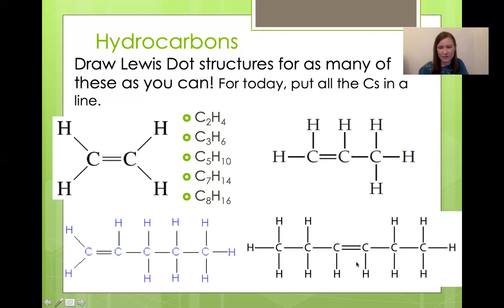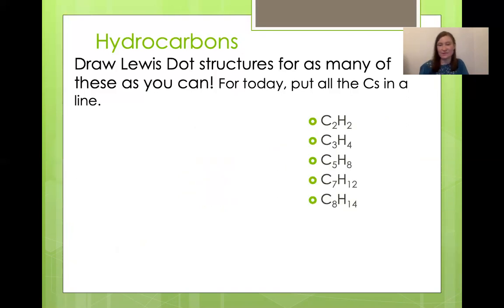C7H14 is going to look something like this. This is actually C6H12, but for C7H14, we just have an extra carbon and 2 hydrogens, right? And C8H16 I didn't include because it didn't fit on this PowerPoint slide. So you might notice already something that everything in this group has in common, but let's look at the third group.